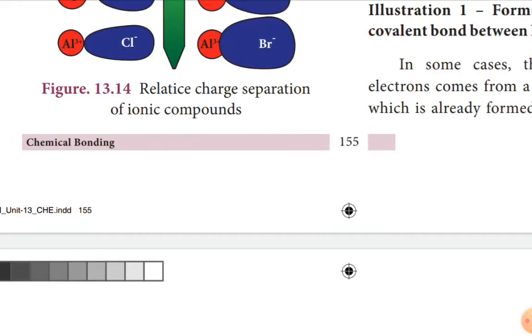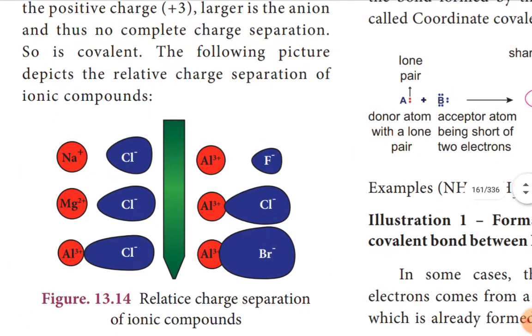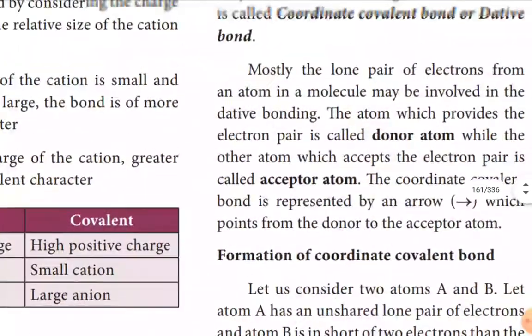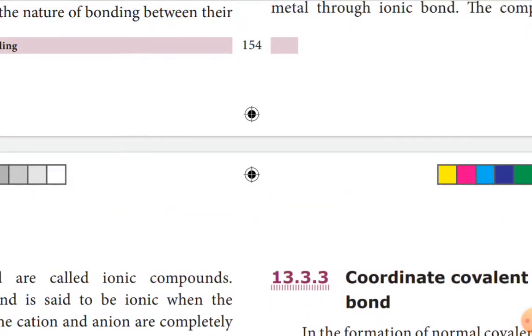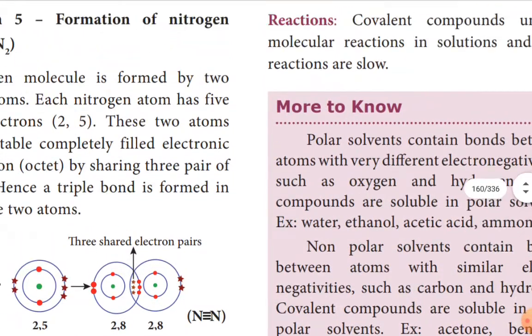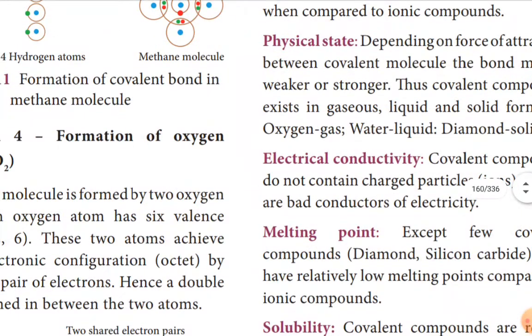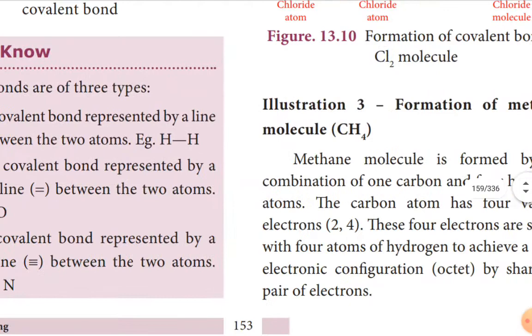Next one, the difference between element and compound. An element is made up of only one kind of atom, but a compound is made up of more than one kind of atom.